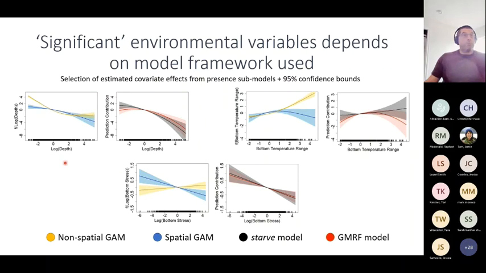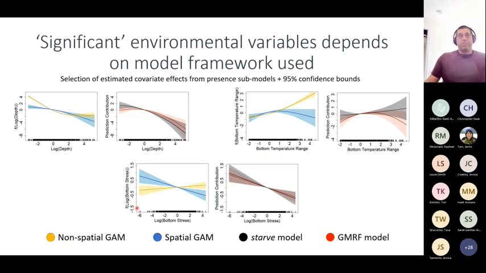So for example, here for our depth covariate, the directionality is fairly similar, but this one would say my likelihood of seeing, or the biomass, declines really rapidly at the start, where this other one says actually it doesn't decline that much at the start, it really declines towards the end.